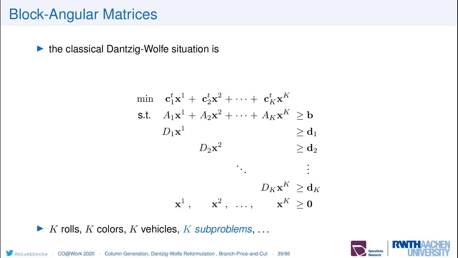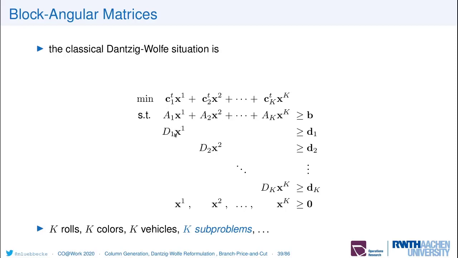Because we were in a situation, which is this one here, which is a very classical Dantzig-Wolfe reformulation, where the reformulation can be applied because you might have several independent subsystems in your model, and they are only linked by what we call the complicating constraints.